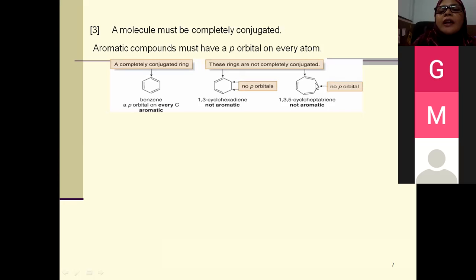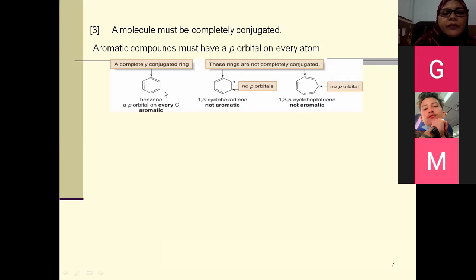That means it does not contain any p orbital for the overlap. So this compound is also a non-aromatic compound. So only if it is completely conjugated is the compound aromatic in nature. Is it clear? Yes, ma'am.